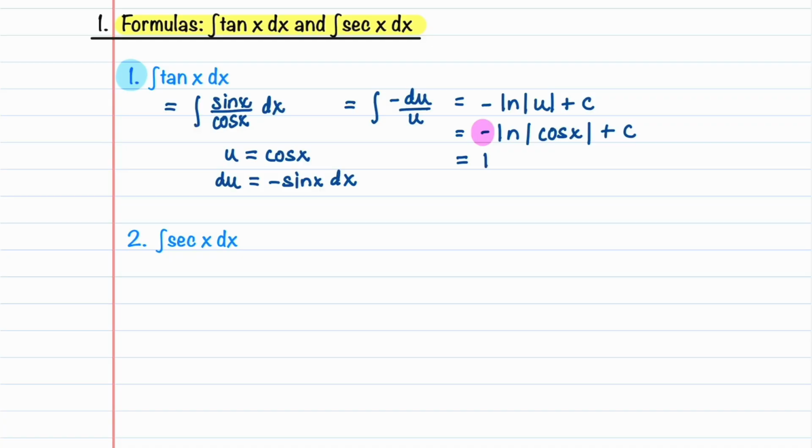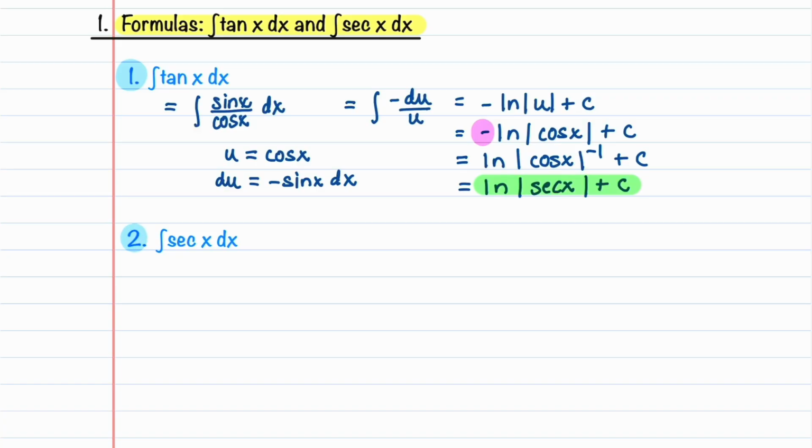This then becomes the natural log absolute value cosine x to the minus 1 plus c. And we know that 1 over cosine is equal to secant. So we can write this as the natural log absolute value secant x plus c. And there's our answer and our formula.